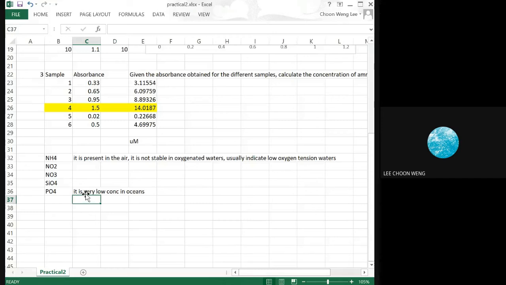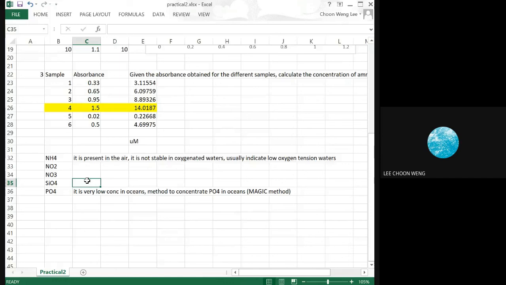So we will use a method to concentrate it before measuring it. Okay, so if you're interested in measuring PO4 in the oceans, you can look out for the magic method. The magic method concentrates the phosphorus in the oceans before measuring it. So if you're measuring phosphorus in the oceans, you have to use a method that concentrates phosphorus.